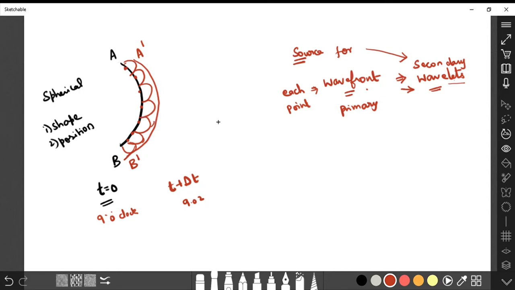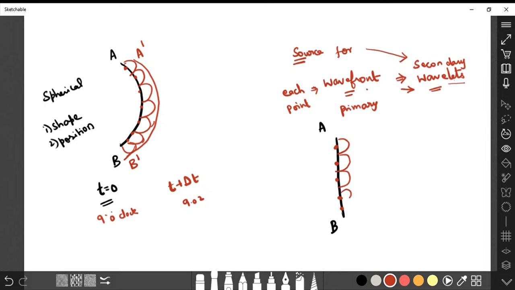I can explain the same thing for a plane wavefront also. This AB is the plane wavefront. Each and every point on this wavefront AB will act as the source for the secondary wavelets.